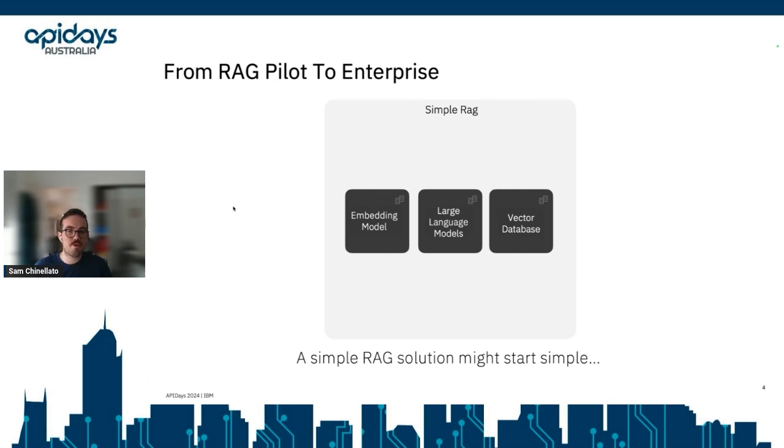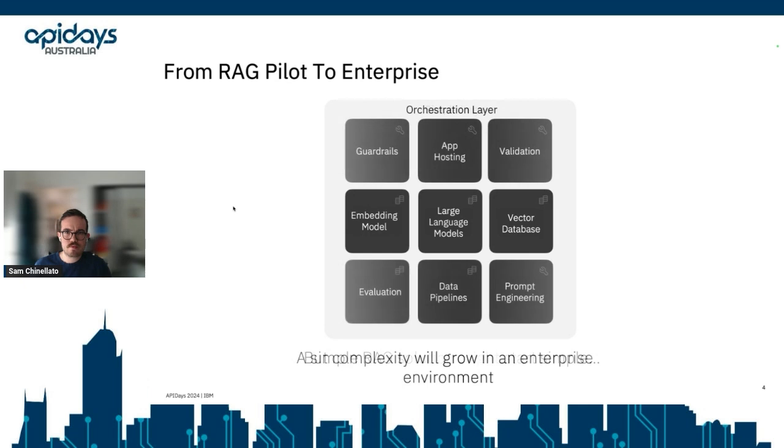For example, you might have to manage your embedding model, as we discussed earlier, or your large language model as your dependencies. You might have a vector database, and with a relatively small team, you might be able to rapidly prototype your RAG pilot.